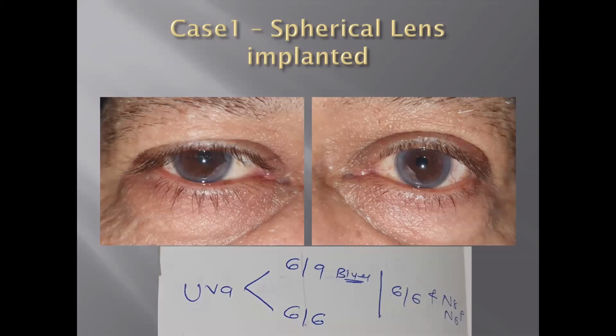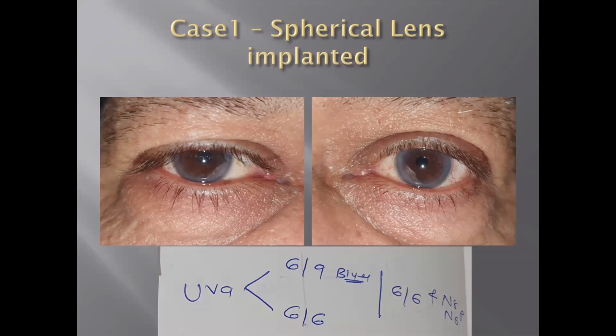So this is the first case. In this case, a high spherical lens was implanted instead of aspheric, depending upon the personal choice of the patient and his financial condition. You can see on the left, that is in his right eye, there is a mild drooping of the lid.